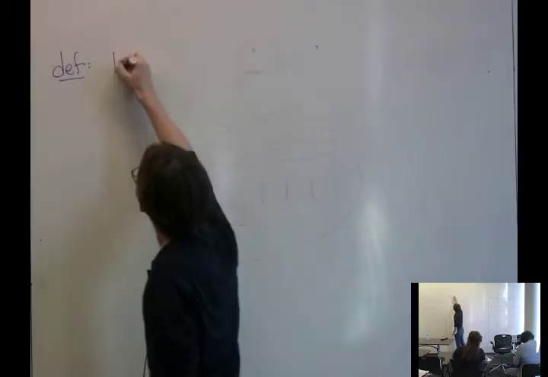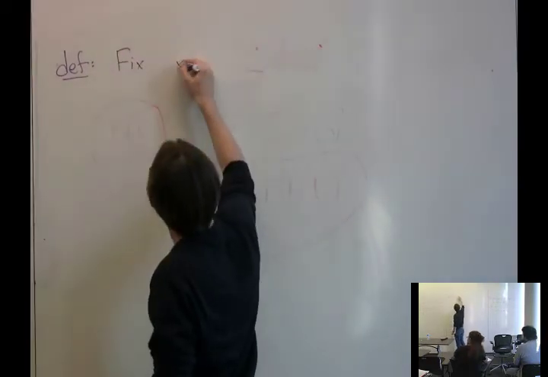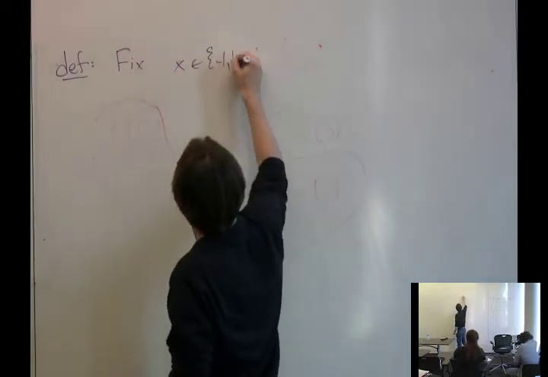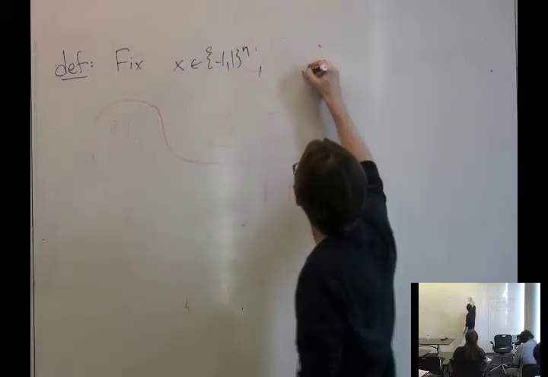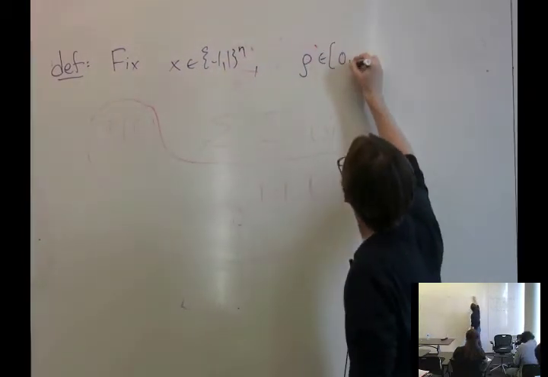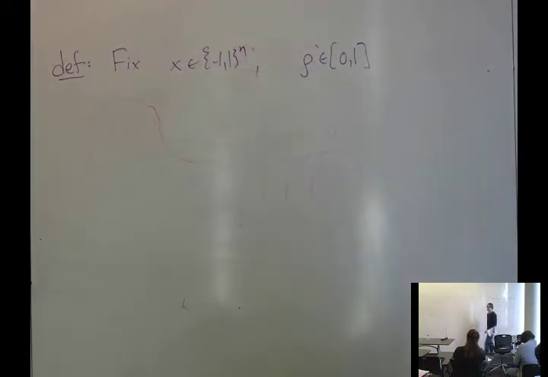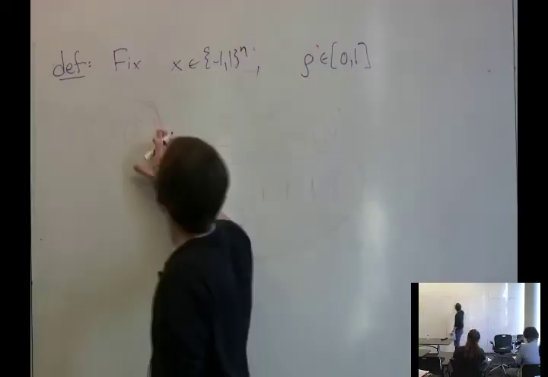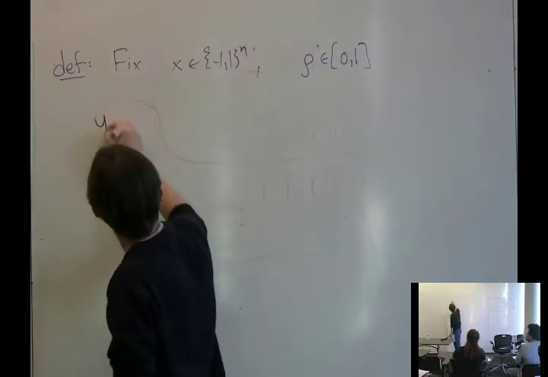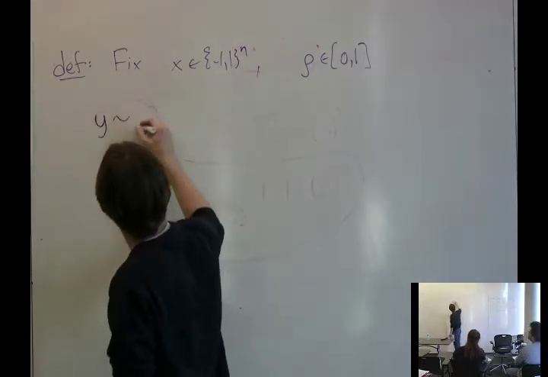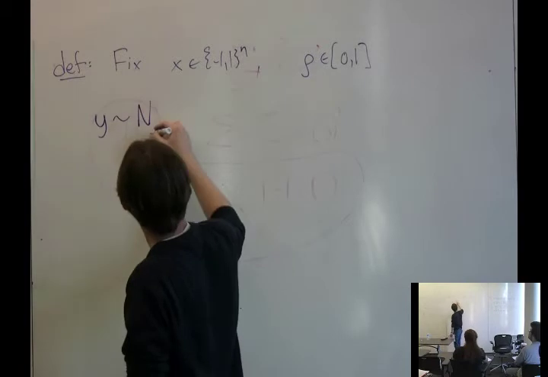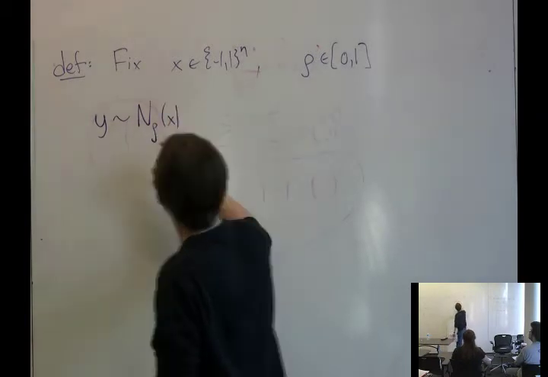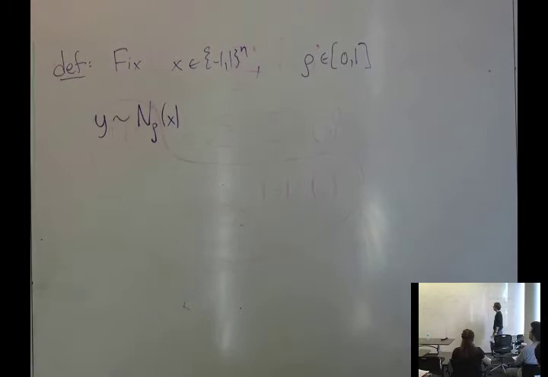So fix a string x in {-1, 1}^n, and also a parameter rho, a real parameter in the range [0, 1]. And we're going to define this distribution on strings y. We'll write y is drawn from this distribution N_rho(x). You can think of this N as standing for noise.